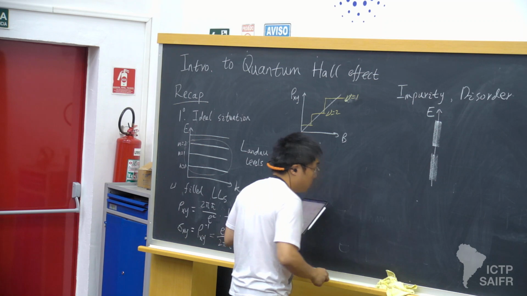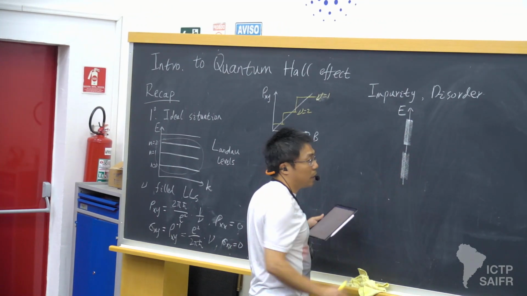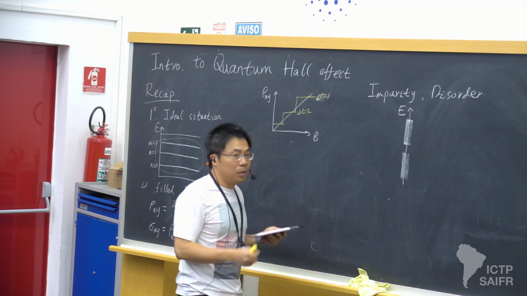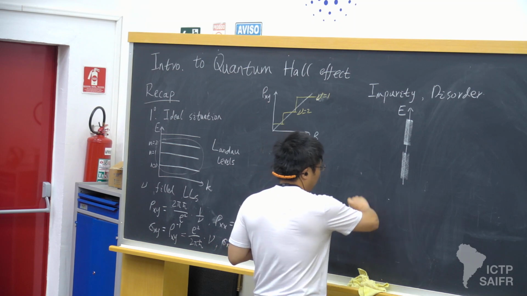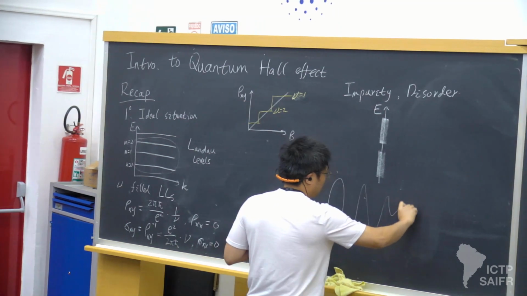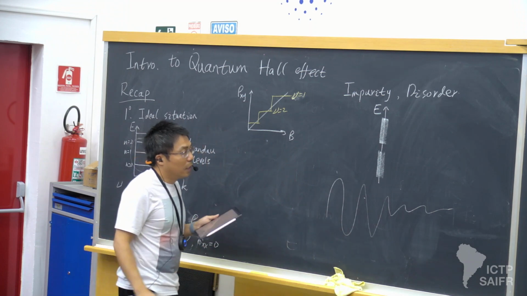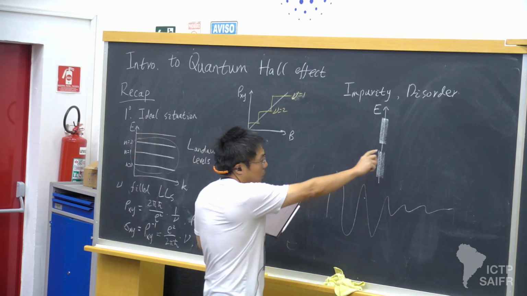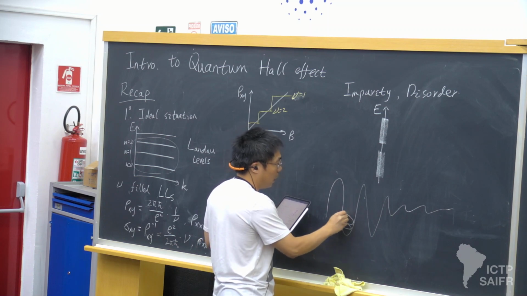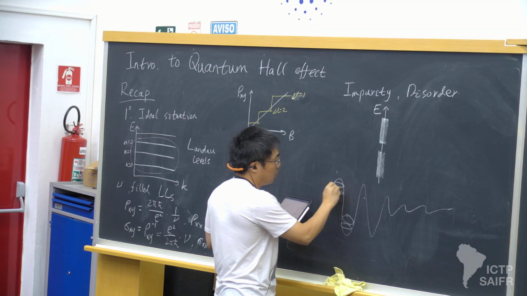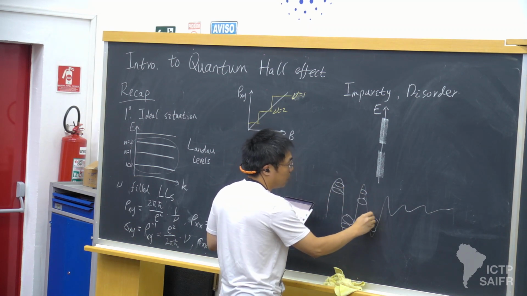And the most important effect of disorder is that among those states, most of them will just be localized by the disorder, right? I provide a picture where my disorder is just some random configuration of potentials, right? And then those states will be really just localized at the maxima and the minima, just around the impurities, right?